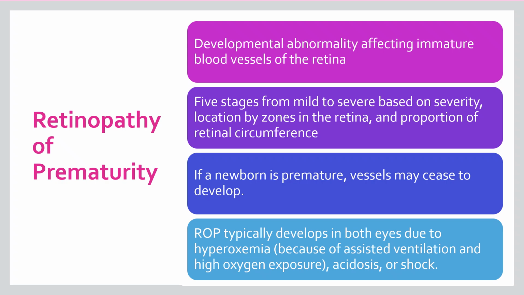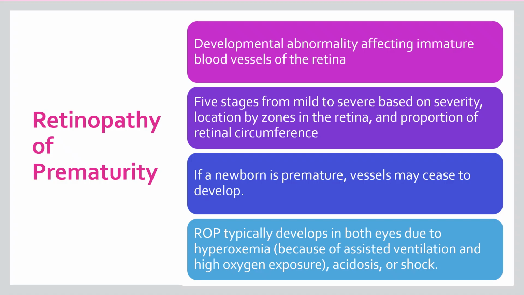ROP, retinopathy of prematurity, typically develops in both eyes due to hyperoxemia from assisted ventilation and high oxygen pressure. That's why when we give oxygen to a patient, make sure not to give too much oxygen, because from too much oxygen the baby can develop retinopathy of prematurity.